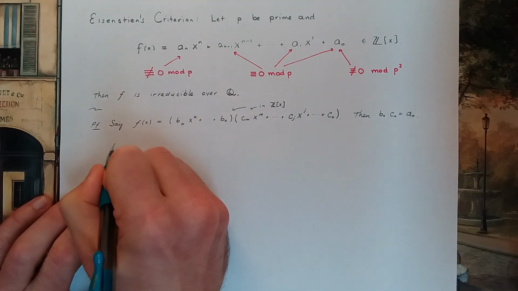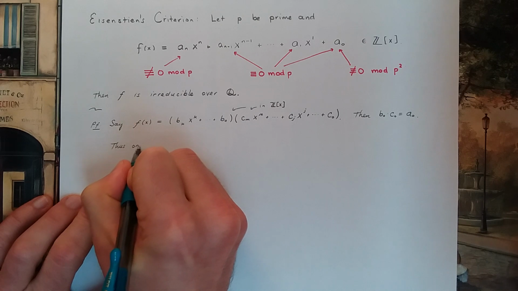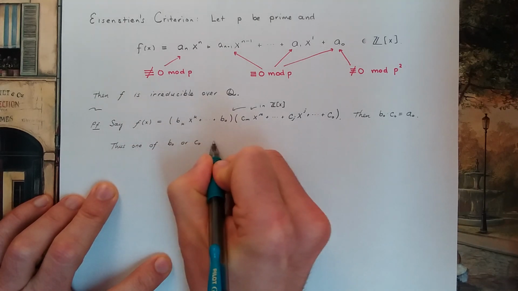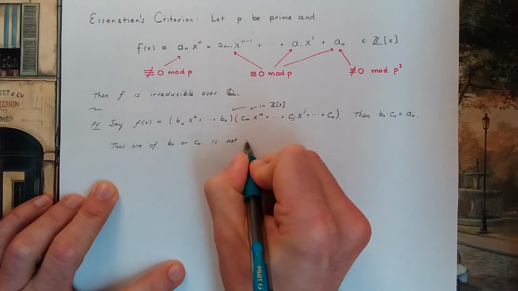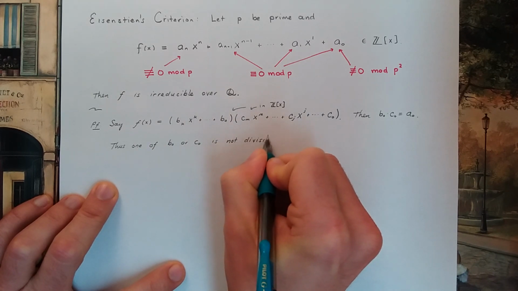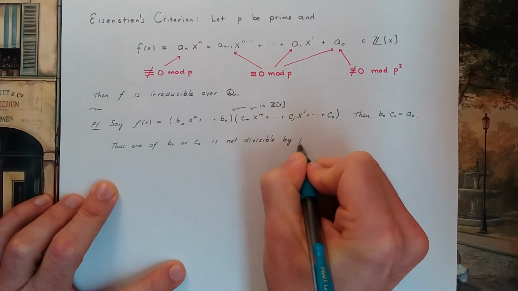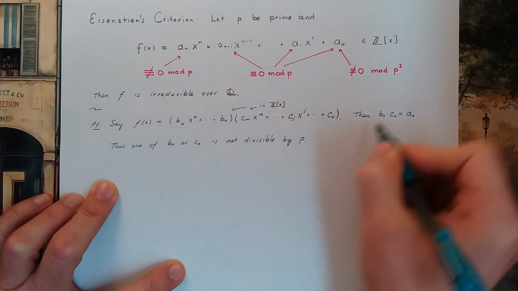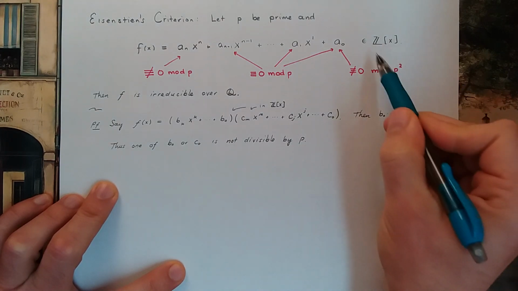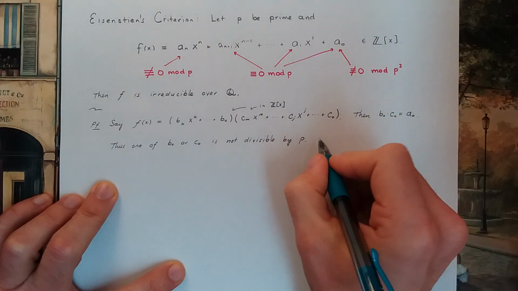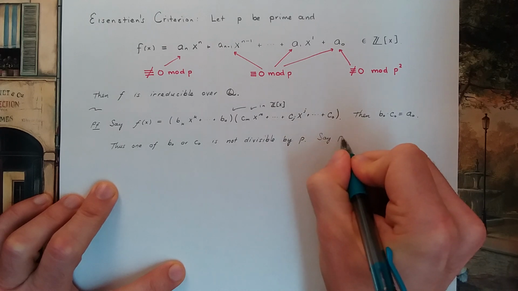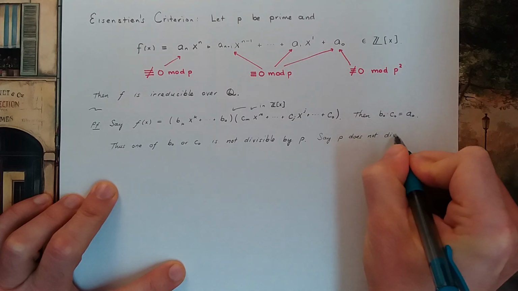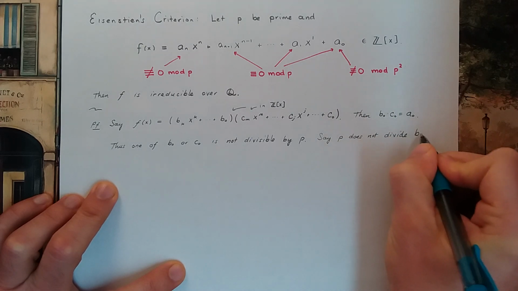So thus one of either b_0 or c_0 is not divisible by p, because if both were divisible by p, then a_0 would be divisible by p squared. So let's say p does not divide b_0.